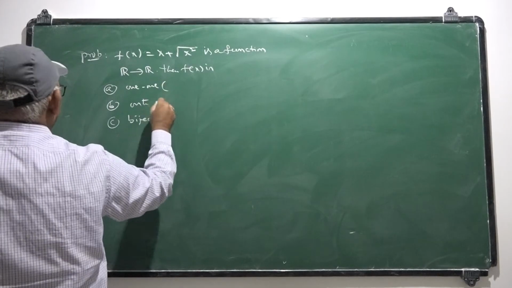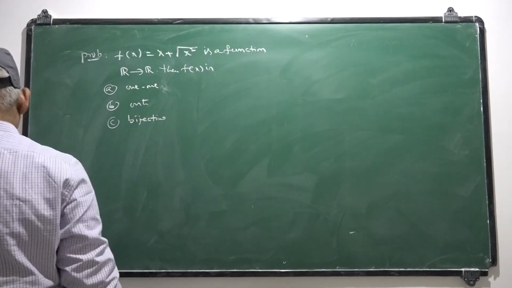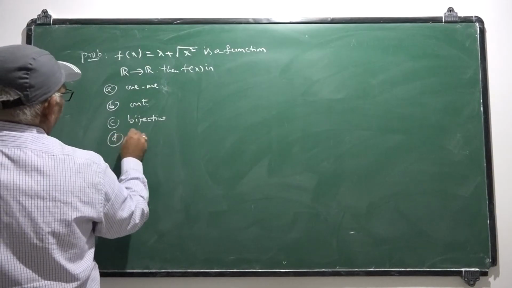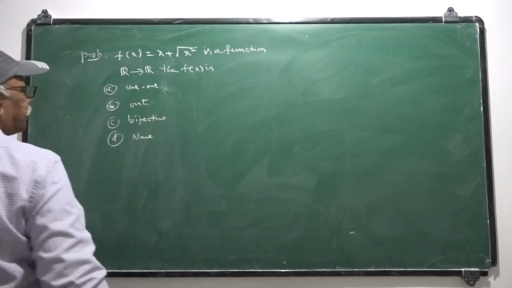That means this is injective, this is surjective, and none. Bijective means both 1-1 and onto.